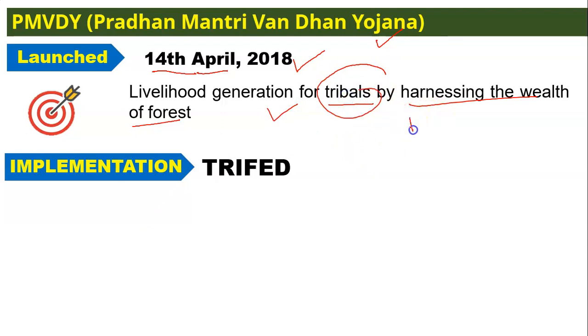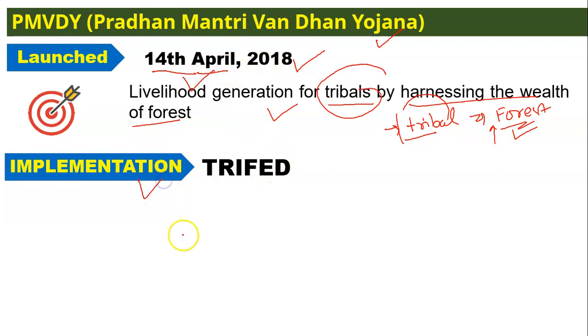We know that tribal peoples live in forest areas, and most of the people who belong to this category live in backward regions and totally depend upon forest produce, and after selling this forest produce they are able to get some money for their livelihood.